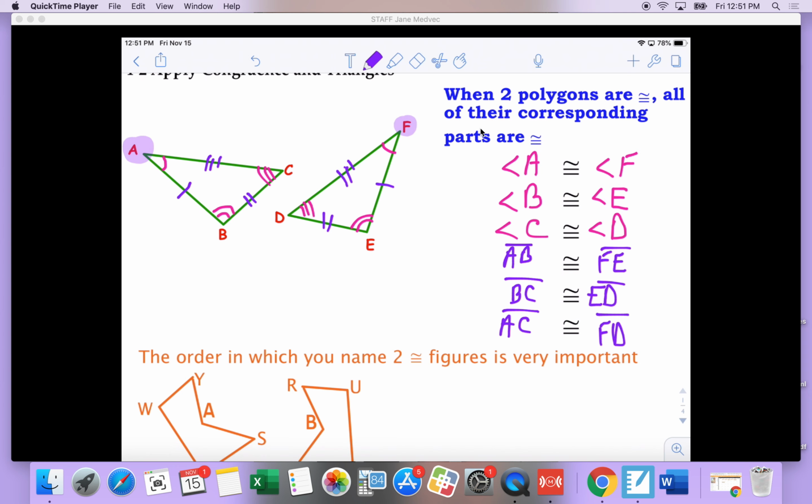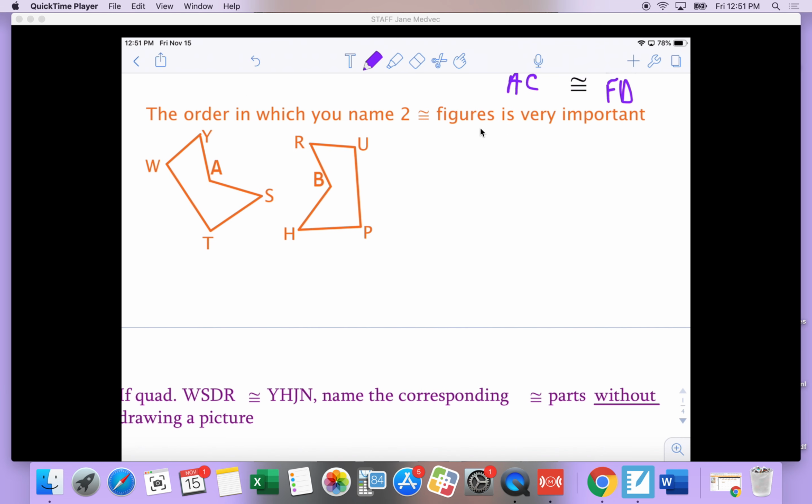So you can't just write down any letters. They need to be like, okay, this one's the same on this one, the same on the other one. The order in which you name two figures is very important. So for example, let's say I start with W on this shape. I'm going to write WYAST.